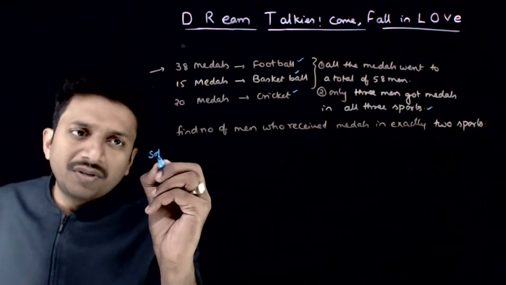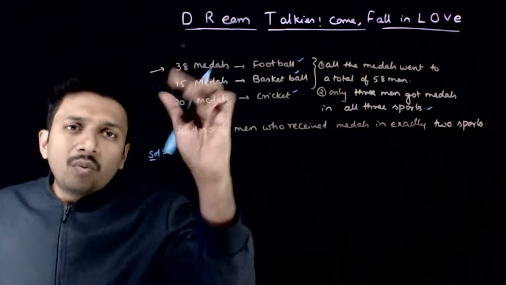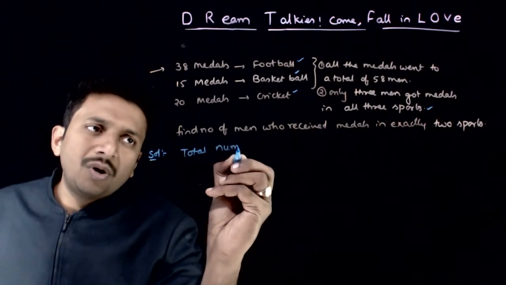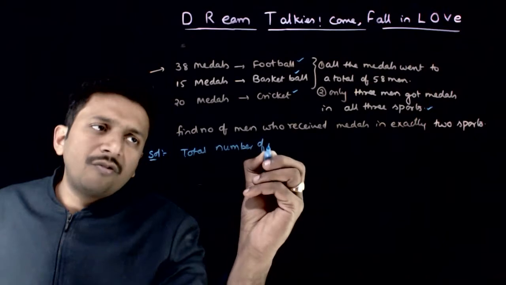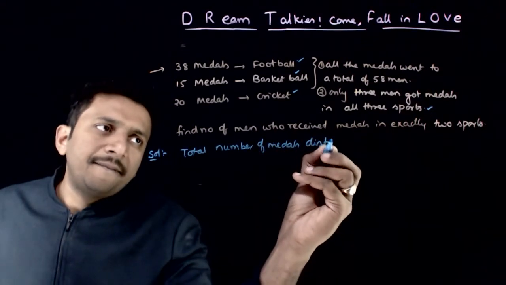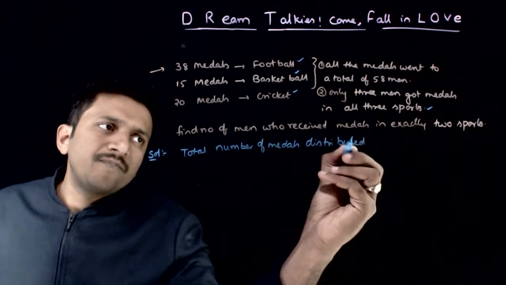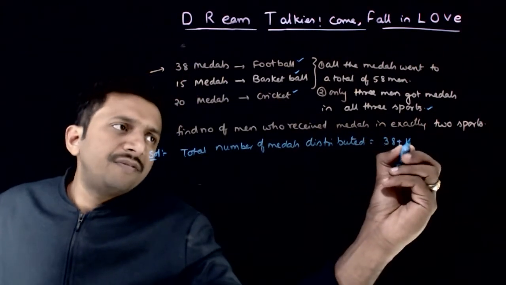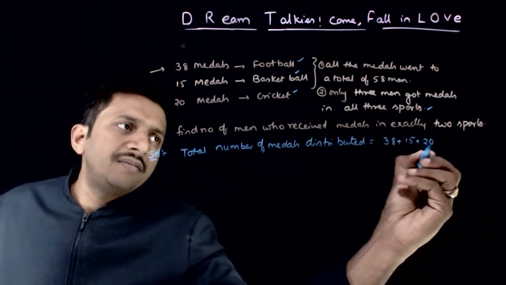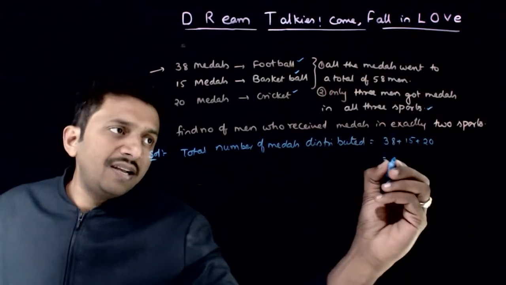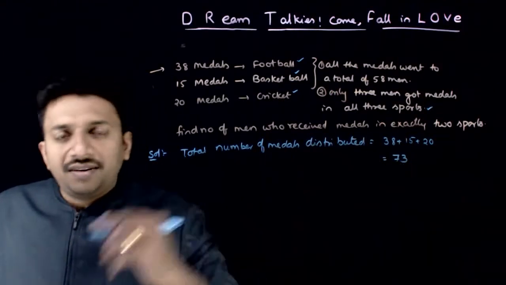So how do we do this? What is the total number of medals that you have? Total number of medals distributed is equal to 38 plus 15 plus 20, right? 38 plus 20 is 58, 58 plus 15 is 73.